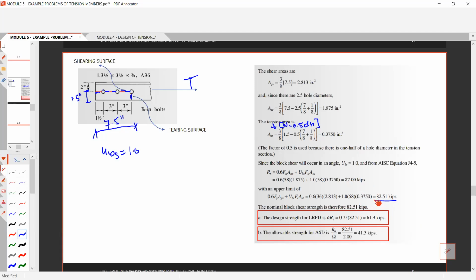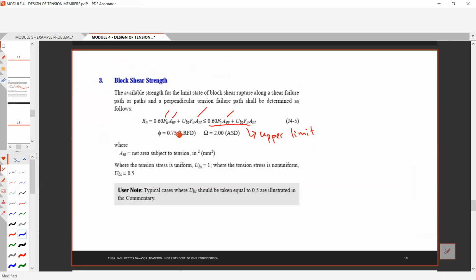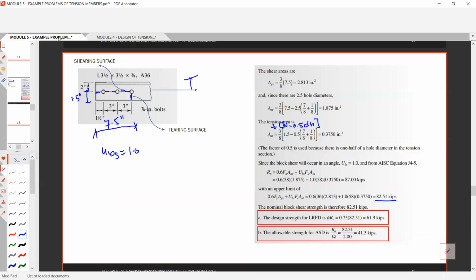Okay, so therefore the design strength for LRFD, since we are using LRFD, we need to multiply by the factor phi. According to the formula, the factor phi for LRFD is 0.75 and the factor omega for ASD is 2.0. So you just multiply by the factor phi in LRFD, that is 61.9 kips, and divide by the factor omega in ASD, 82.51 divided by 2, to be 41.3 kips.